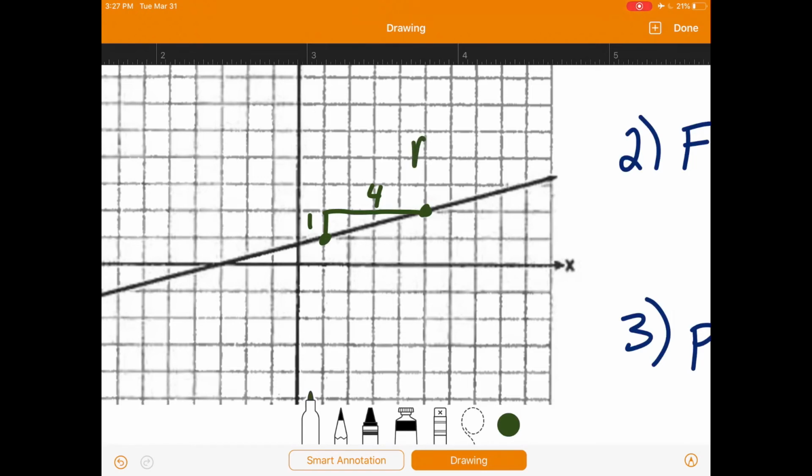So that means that the slope is going to be 1 over 4. You could do that just by counting on there like I did, or you can do the difference in the y's over the difference in the x's like we did in the opening exercise. Either way, you're going to end up with the slope being 1 over 4.